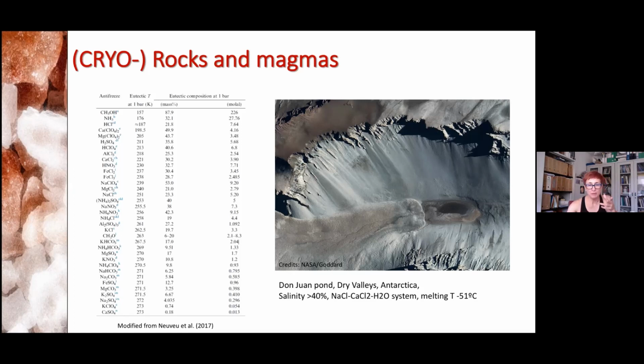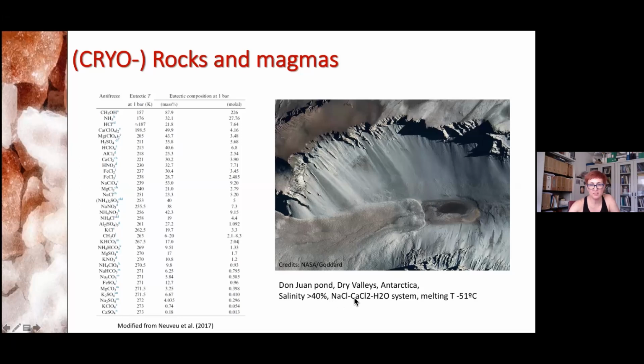So this happened, for example, in the lakes in Antarctica, where in some ponds you have salty systems that can reduce the melting point even to -50 degrees. For example, Don Juan Pond in the dry valleys in Antarctica, which has a salinity more than 40%.